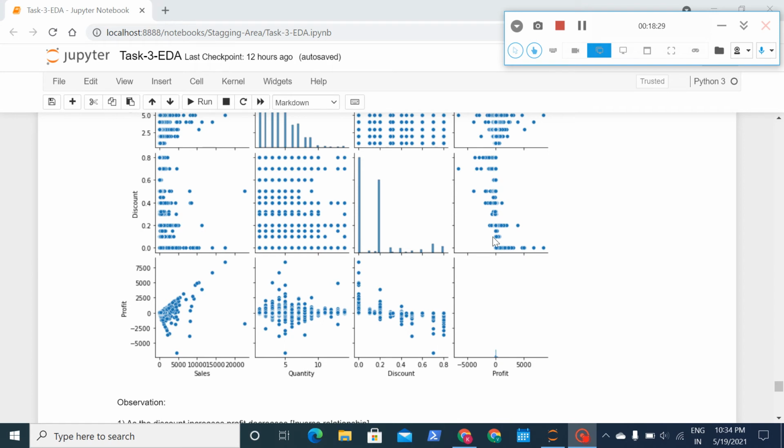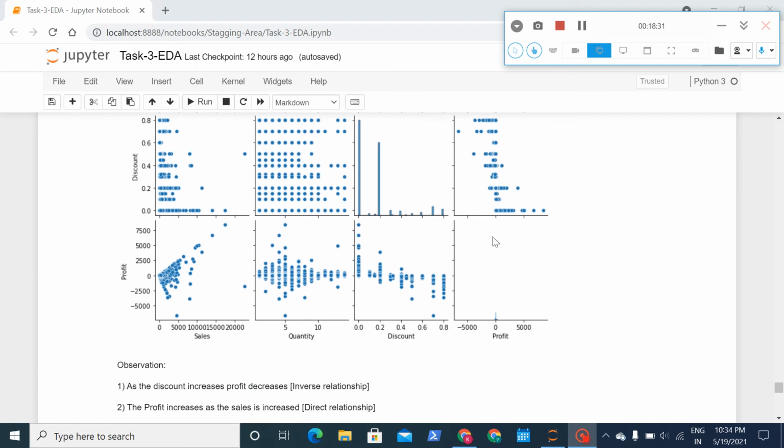As the discount increases, profit decreases. Also, we can see that when the sales increase, the profit also improves. That is a direct relationship.